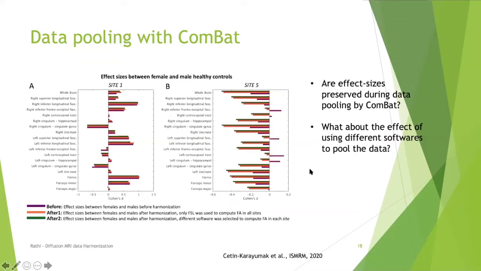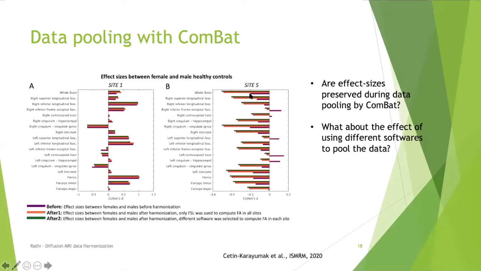It's a different example here. What we see is the effect size between males and females, healthy subjects. Again, the same set of analysis: before harmonization, after harmonization, 2 different categories, same software, different software. Now here, site 1 again looks pretty good. Things look very much as expected. But in site 5, what you start to see is very different.